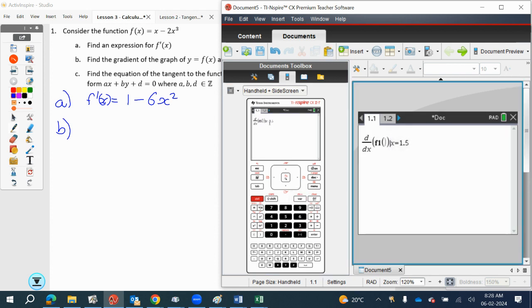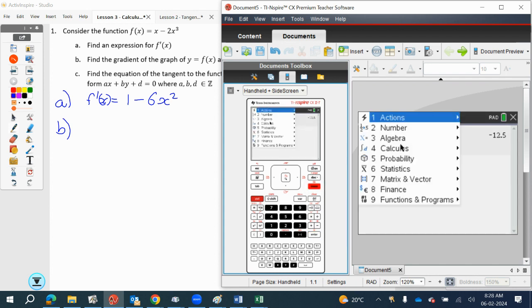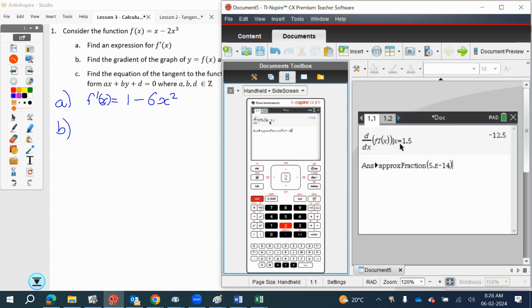So we just click on the function and then we put in an x, so f of x, and it will give us our answer. We then can press menu 2, and it will turn it into a fraction for us. This is -25/2. You wouldn't be wrong for either, but for part C, the fraction is better.